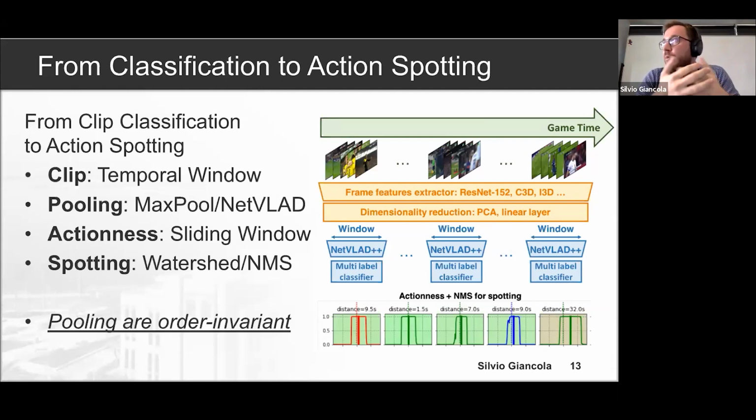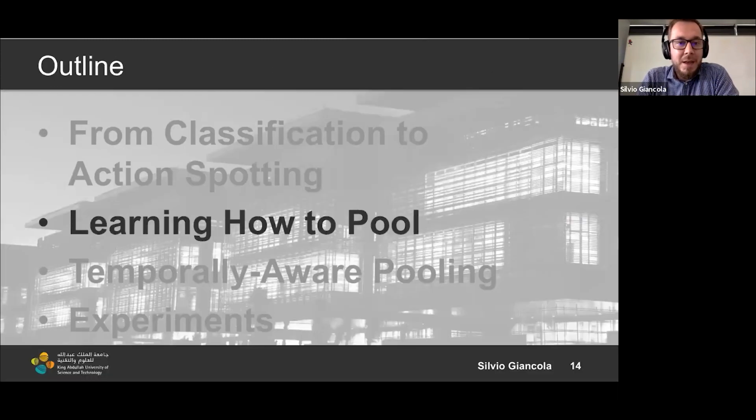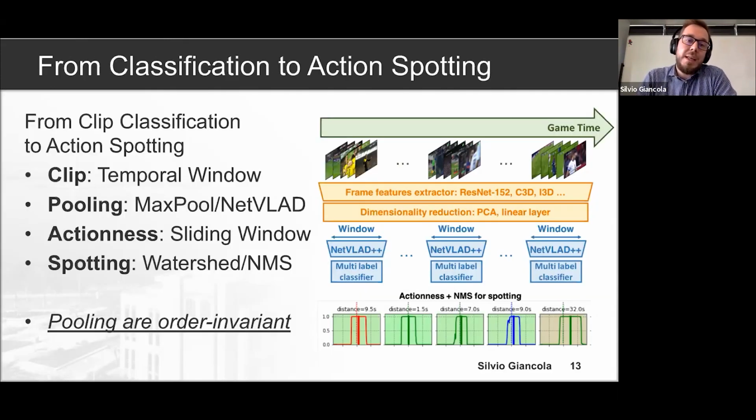So imagine you want to spot, for instance, a ball going out of the field. The temporal information will show a ball that's going out of the field. But if I reshuffle that by inverting the time, that ball can actually go inside the field. So you can learn some wrong knowledge in that case. Okay, so that is basically how to go from classification to action spotting. That will be the basics of how to perform spotting.